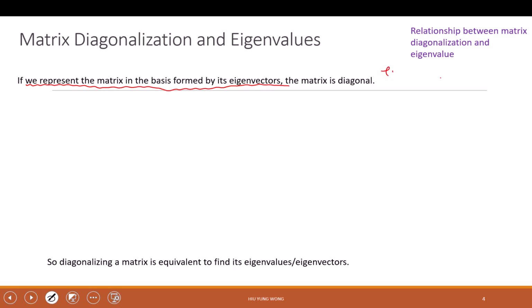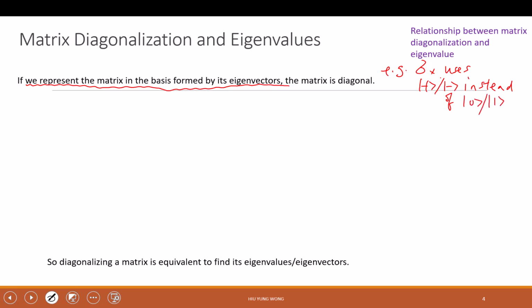For example, sigma x uses plus and minus instead of 0, 1.